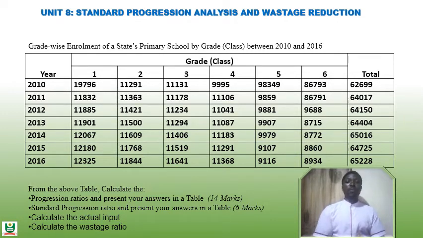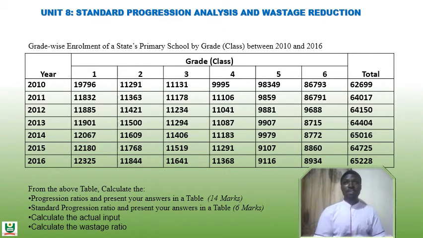From this table, we are required to calculate the progression ratio and present our answers in a table, and to determine the standard progression ratio and present our answer in a table as well. We added the two other questions there in case for any reason whatsoever we are asked to determine the actual input.